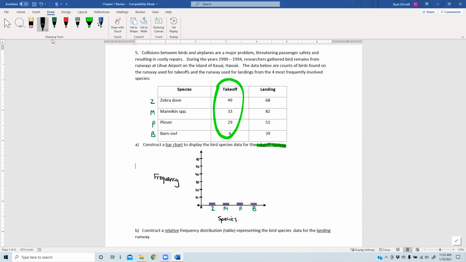Okay, so now we can do our bars. So for the zebra dove, it's all the way up at 49. So almost to 50. Mannequin sparrow is at 33.